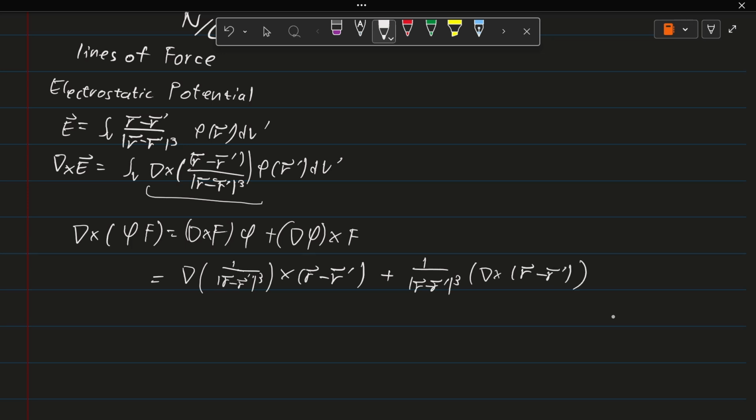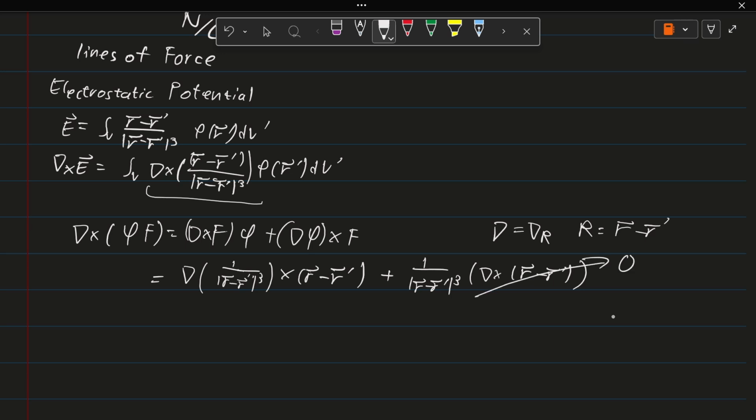Something to note here is that r vector minus r vector prime, if you remember for the curl, you could denote this as the curl of r, in which r is just r vector minus r vector prime, right? Observing this as the curl with respect to this r, with the reference frame in r of the position vector, that's definitely 0.